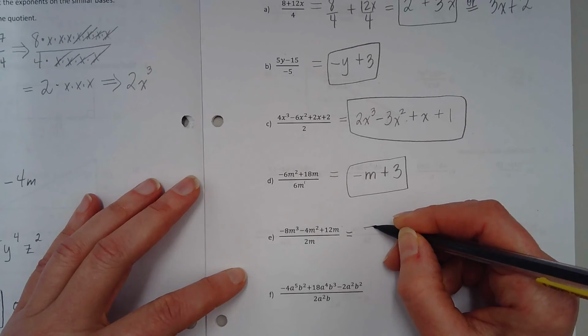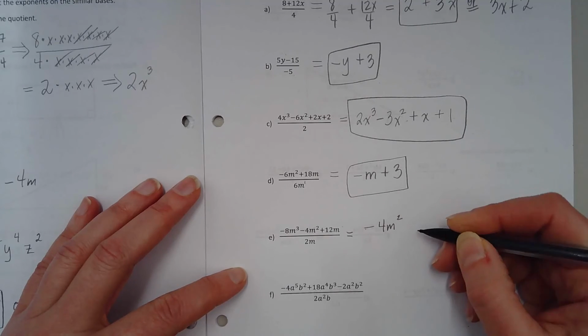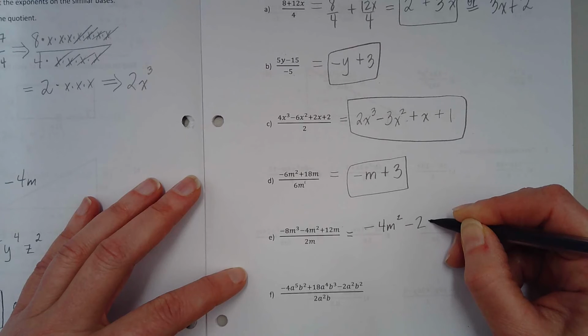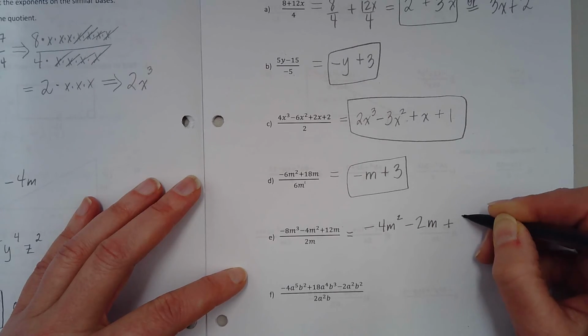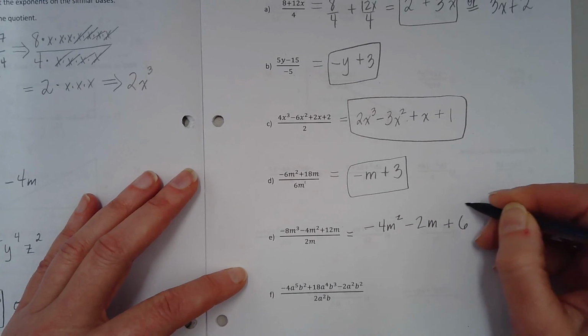Okay, so you should get negative 4m squared minus 2m plus 6. Is it written in proper order? Yeah.